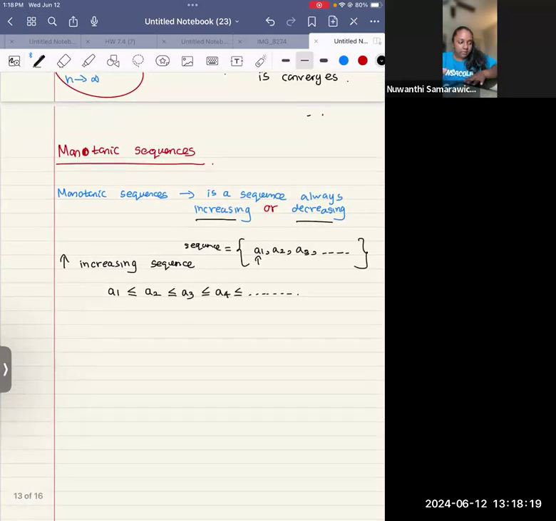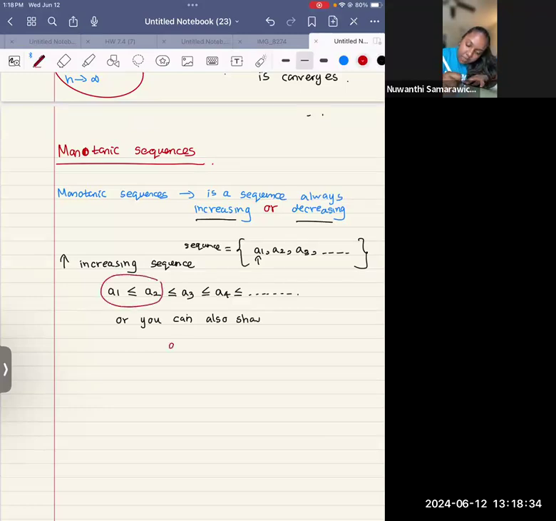Then we say it is increasing, or you can also show it by looking at the first two terms. A1 should be less than or equal to the second term. If we divide both sides by A2, the right hand side becomes 1.